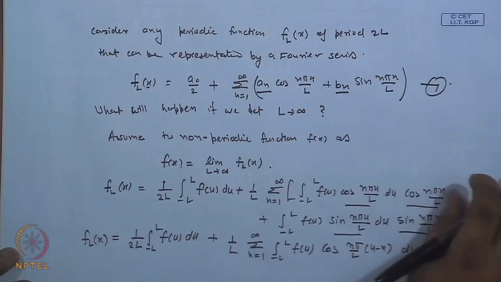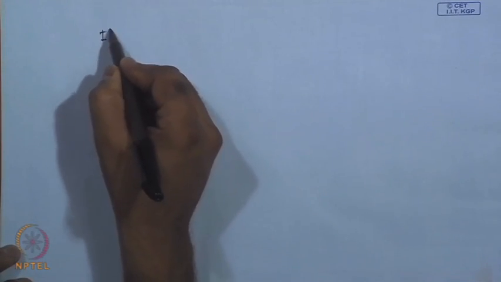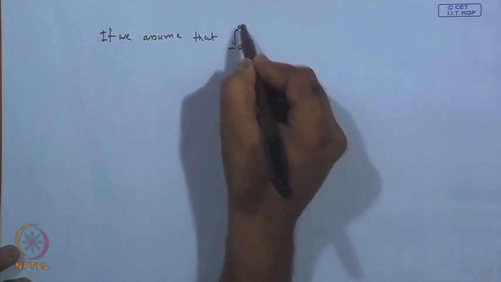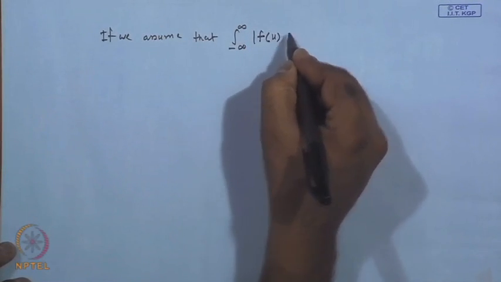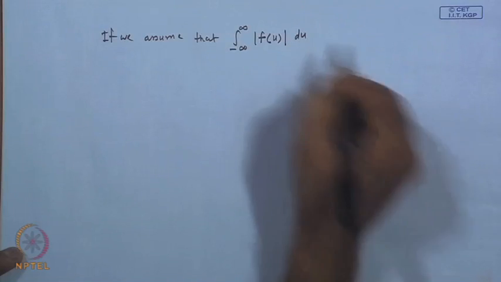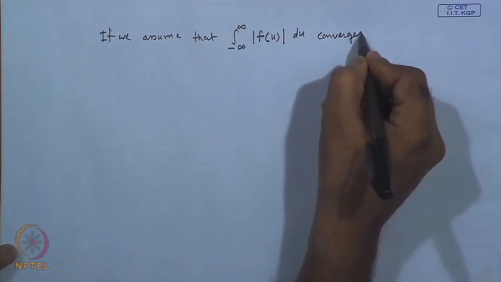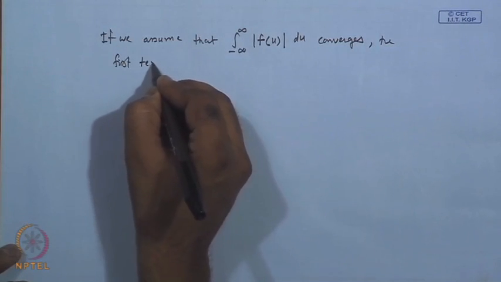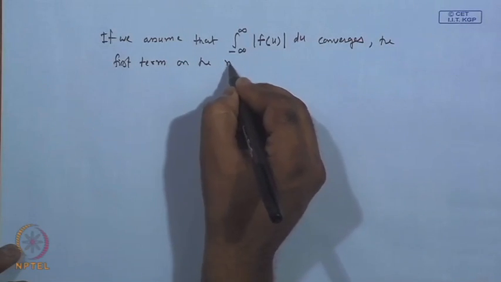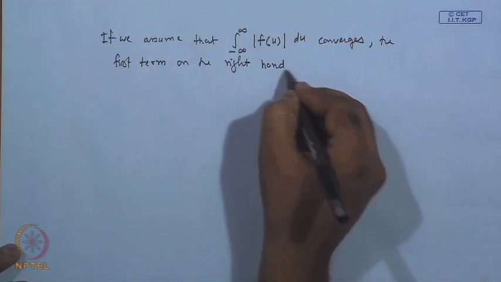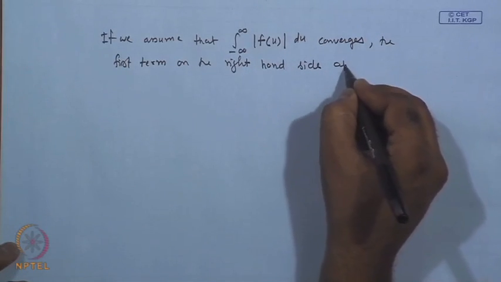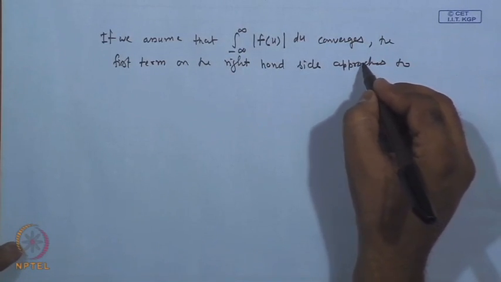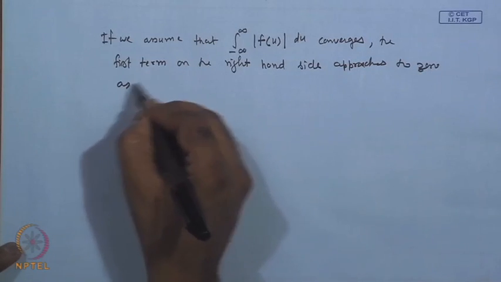For that we also assume, so let me just write down, that if the integral from -infinity to +infinity of the absolute value of f(u) du converges, the first term on the right hand side approaches 0 as L approaches infinity.